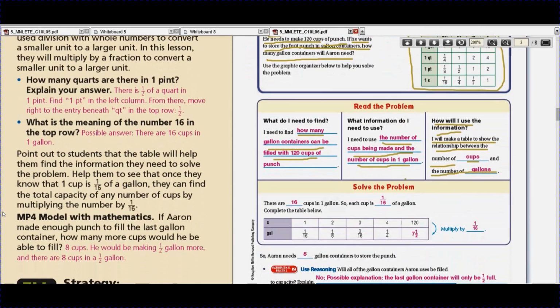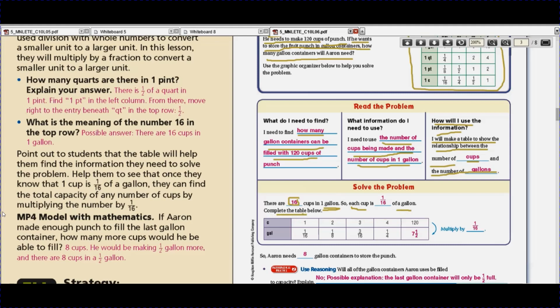Now here there are 16 cups, as we studied before. How can we convert between capacity units? There are 16 cups in 1 gallon. Each cup is 1/16 of a gallon. Complete the table below.